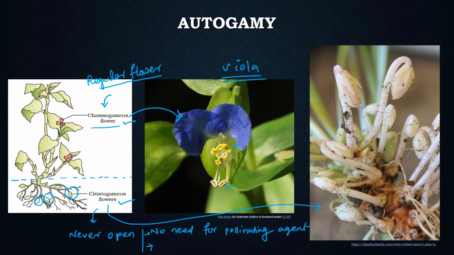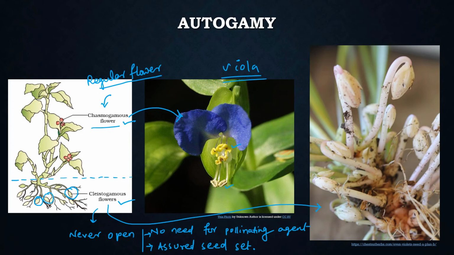The benefit here is an assured seed set. That means whether the pollinating agents are present or absent, it is guaranteed that there is going to be seed formation in the case of Clistogamous flowers, because remember the flower is not opening, the flower is always going to remain closed.